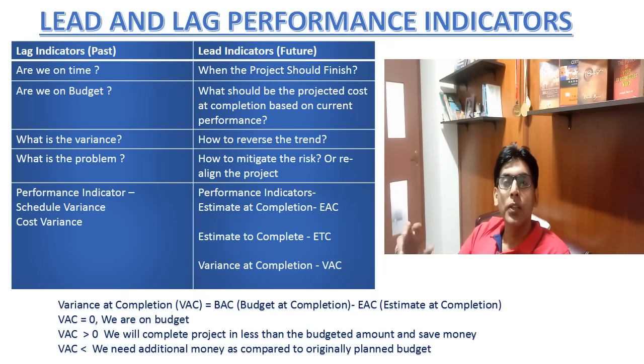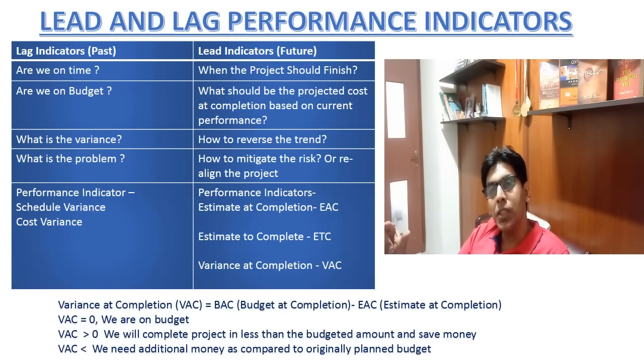Proactive tracking using lead indicators helps us in establishing projections. For example, based on the lead indicators, we will come to know whether we will be able to complete the project within the targeted budget or not, or if some additional money is required, how much is that additional delta from the budget which is required to complete the project.